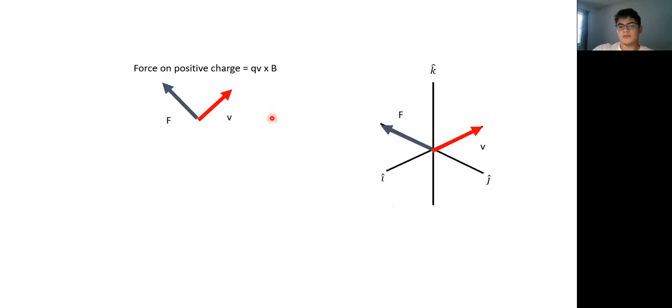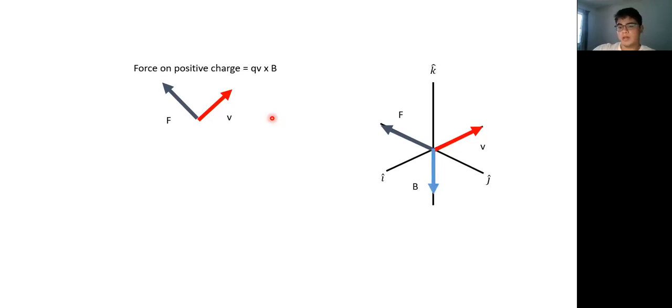The force is supposed to be equal to the cross product of the velocity and the magnetic field. So in order to have our cross product be in the negative j direction, with our velocity pointing in the negative i direction, the only possible way for this magnetic field to produce this would be that it has to point in the negative k direction.